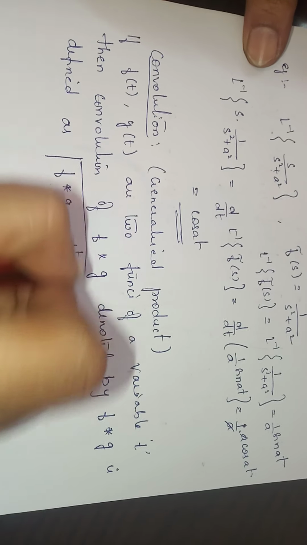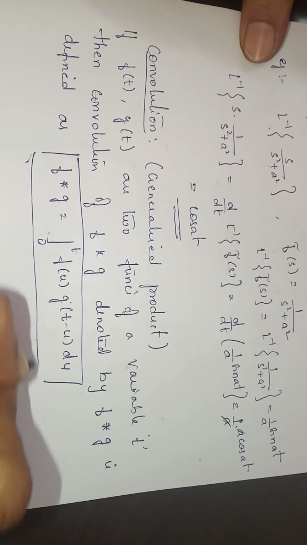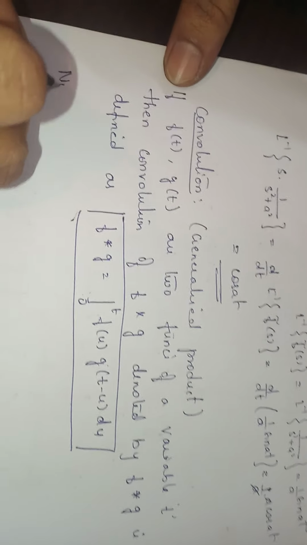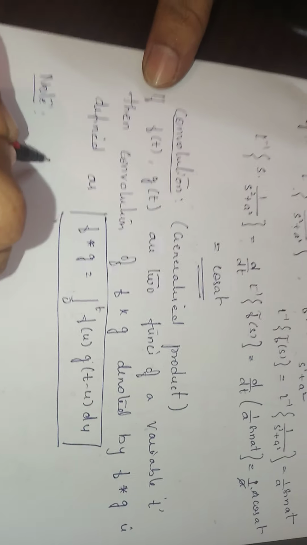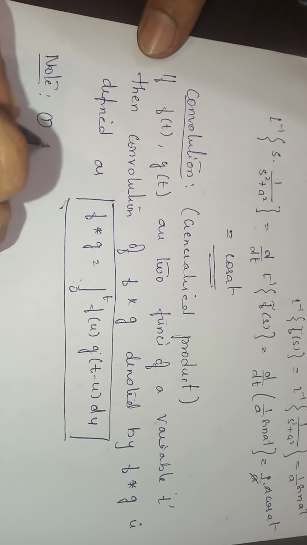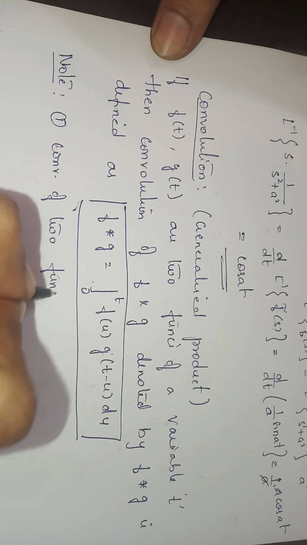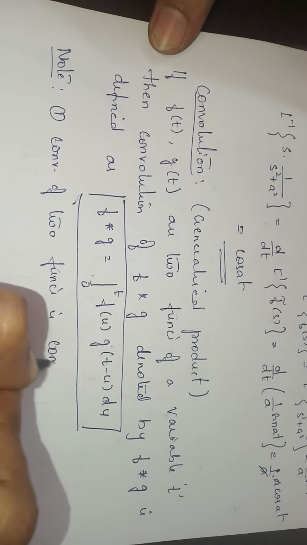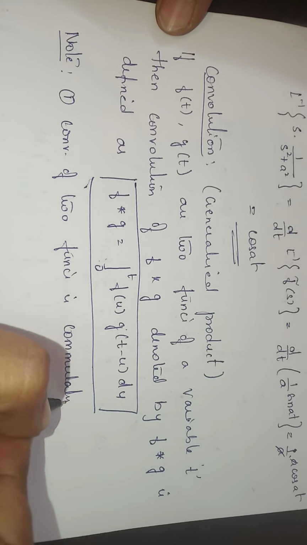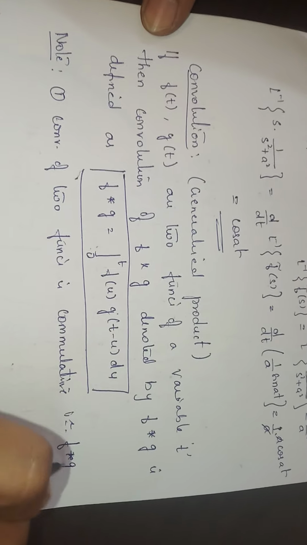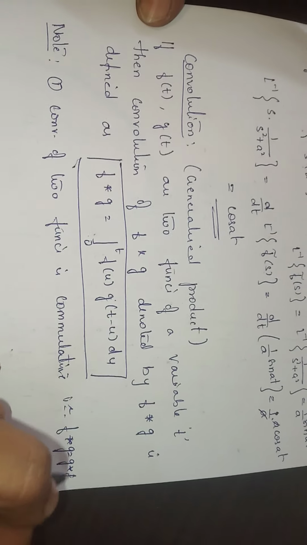So remember that the convolution of two functions is given by this integral. Here remember that convolution of two functions is commutative. That is, f star g is always equal to g star f.